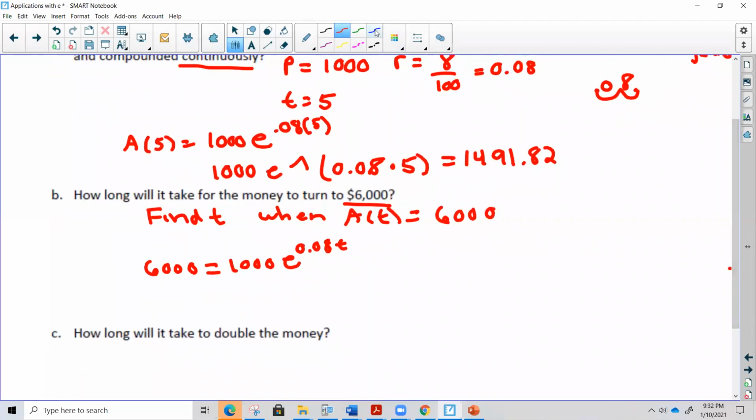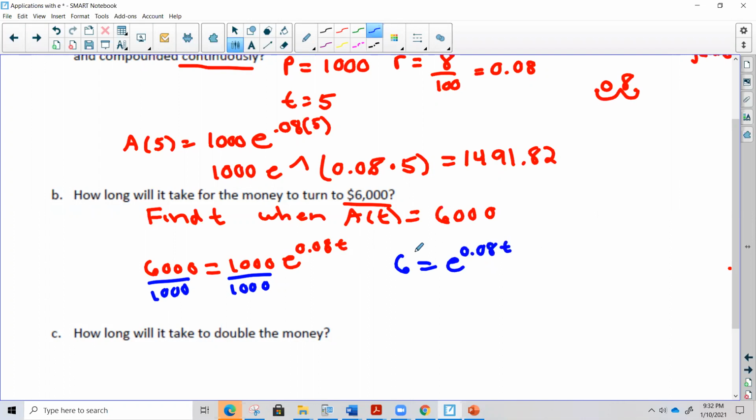And then we have to solve this for t. The first thing you want to do is move the 1,000 to the other side. We do that by dividing both sides by 1,000, because our goal is to get t by itself. So that gives me 6 equals e to the 0.08t.